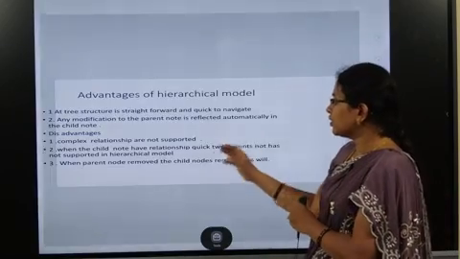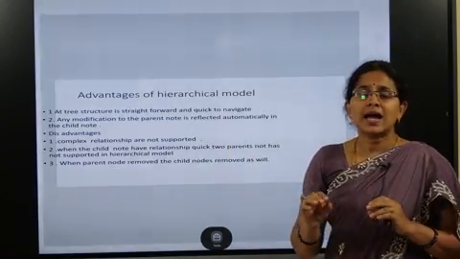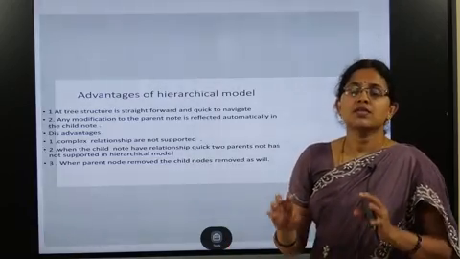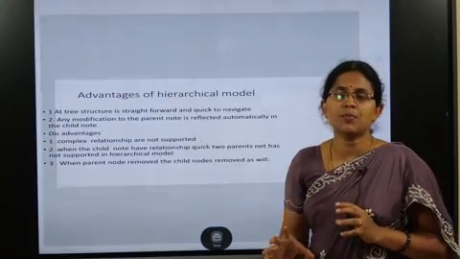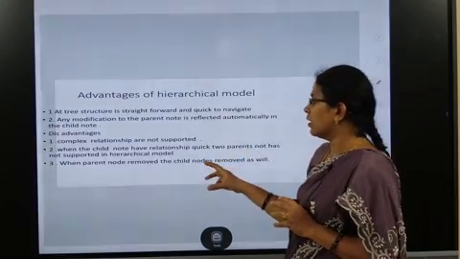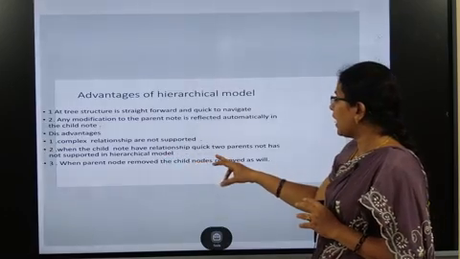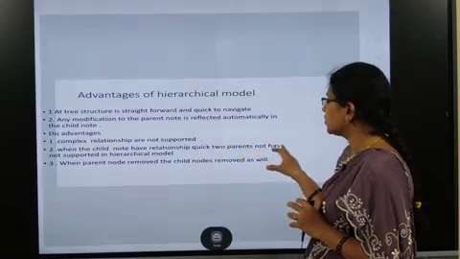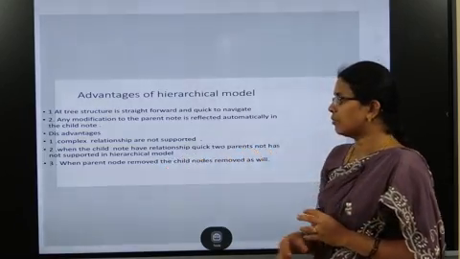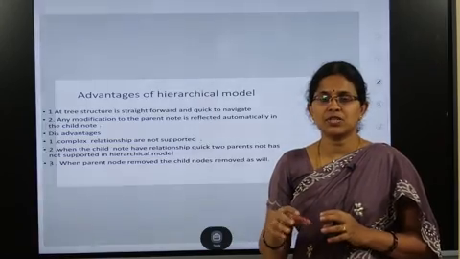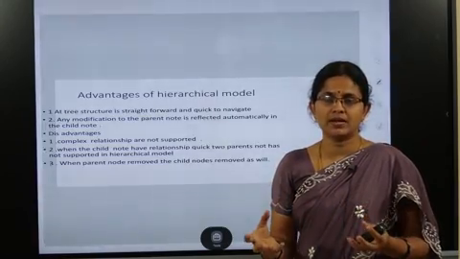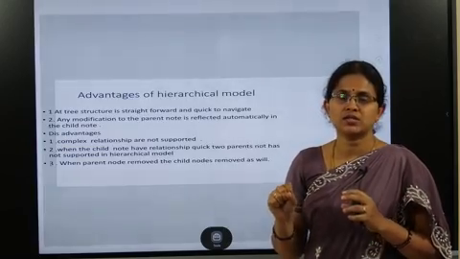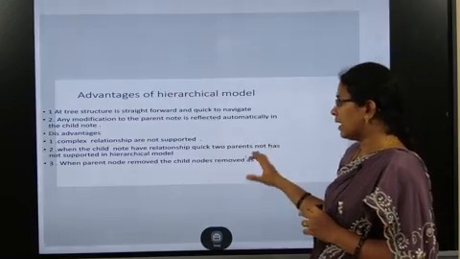Coming to the disadvantages, the hierarchical model doesn't support complex relationships. Also, a child node having relationships with multiple parents is not supported. If the child node specifies two relationships with two parents, those multiple relationships of the child node are not supported in the hierarchical model.